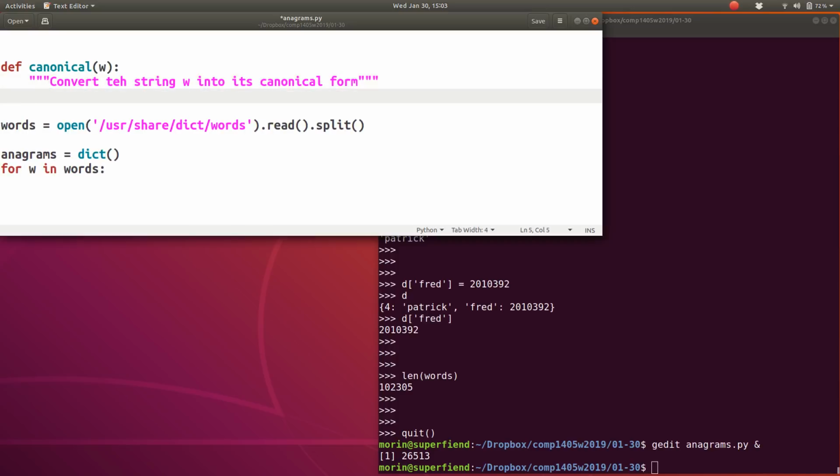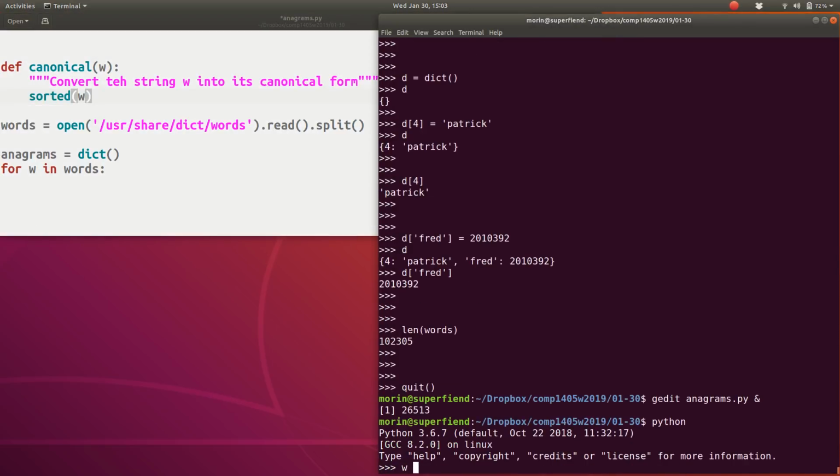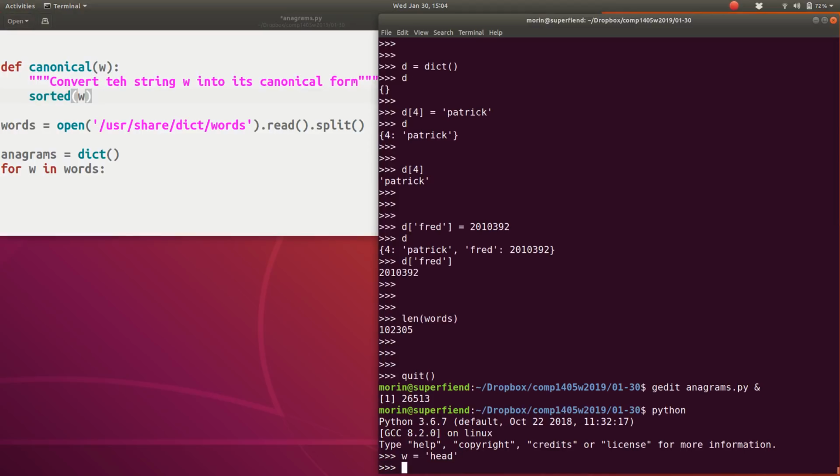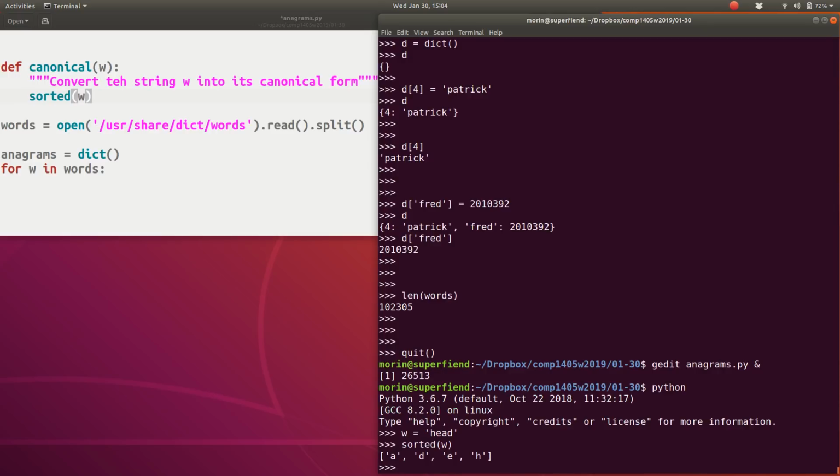And the way we're going to do that, we've seen this trick before. We're going to take w and sort its letters. So for example, if w equals head, then sorted of w is a list containing each of the letters in w in sorted order.